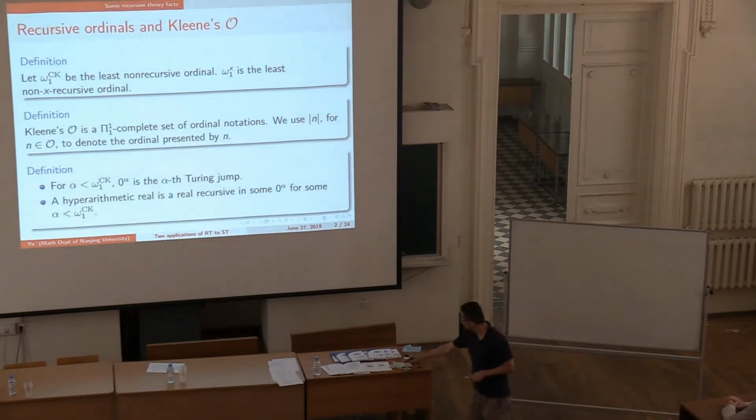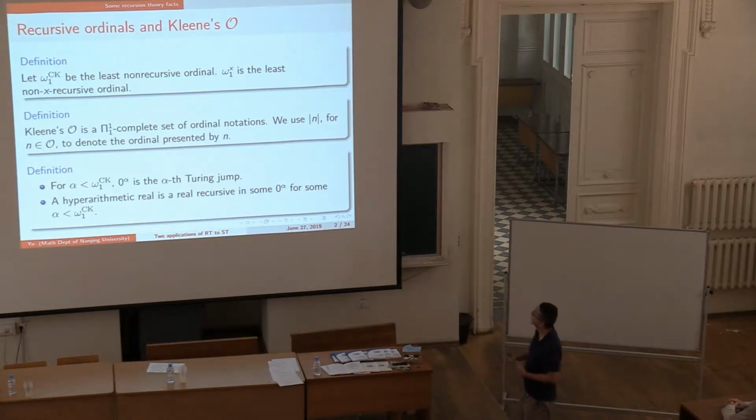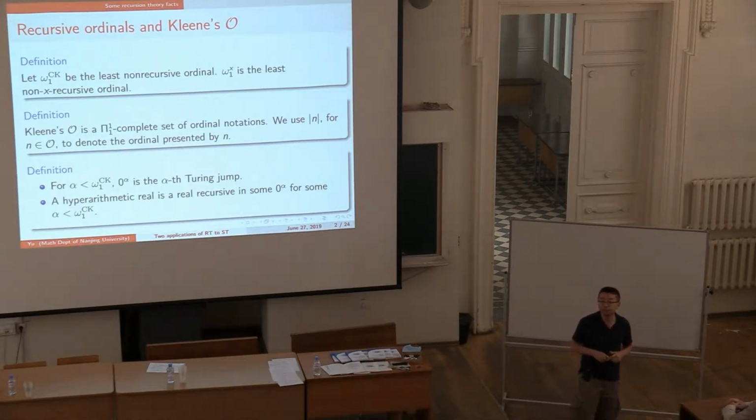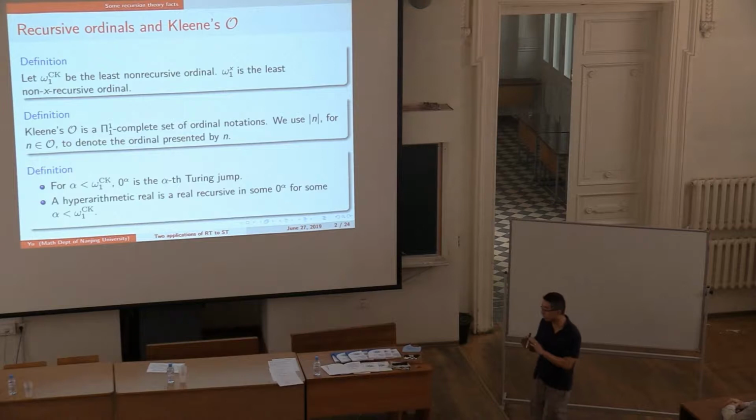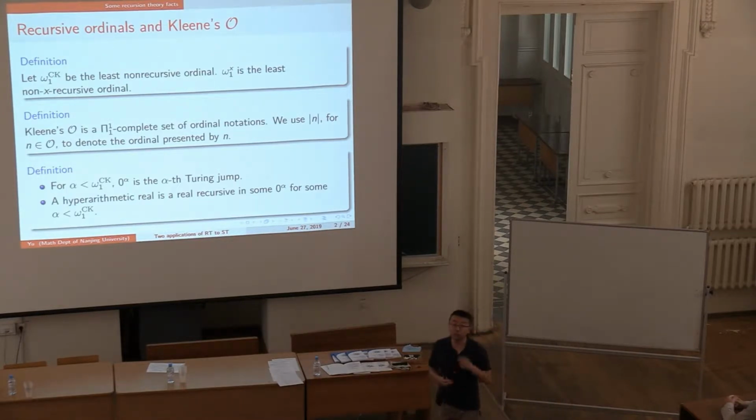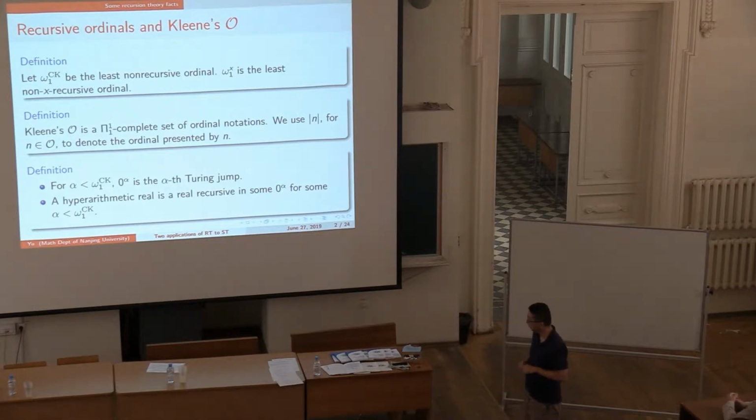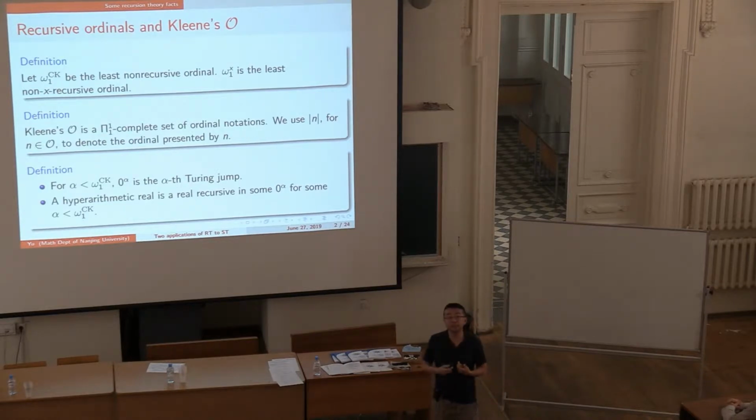First, I need to review some recursion theory, and this is quite different from the previous talks about recursion theory. It's about higher recursion. Classical recursion theory investigates RE sets, all of them below zero jump.